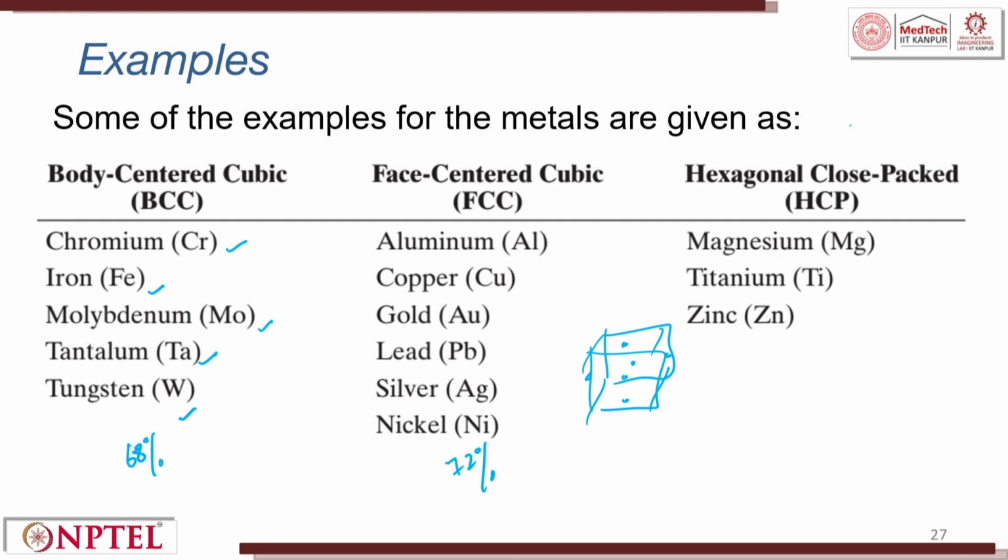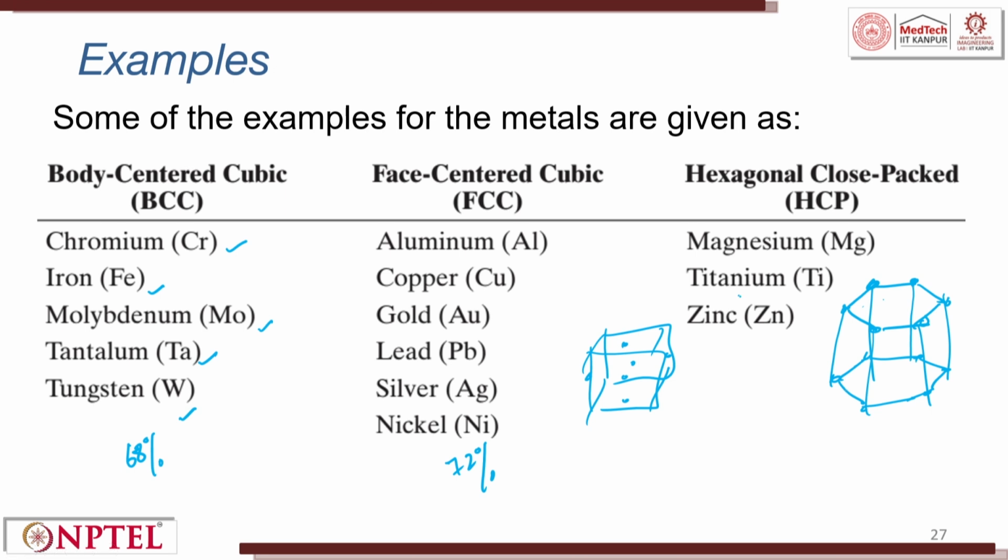And in the tutorial, we will try to see HCP material. In HCP, you will have a hexagon on the top and a hexagon at the bottom. Here you will have atoms, and we will try to see how they are getting packed.